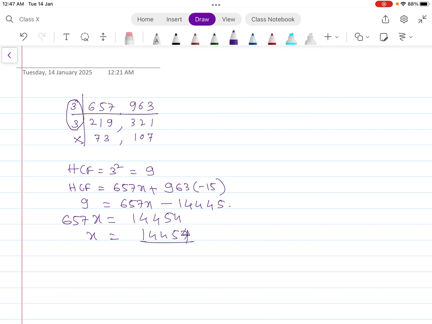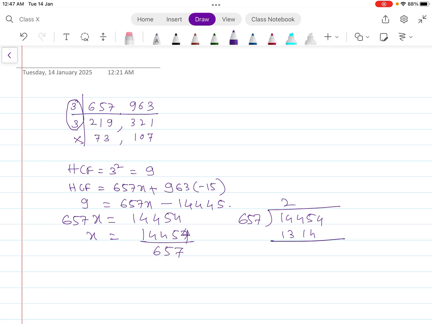So therefore x equals 14454 divided by 657. Okay, so now 14454 divided by 657, so you have to multiply, this is 1445, so here you can go up to twice, so that will come 1314, 657 into 2 times 1314.